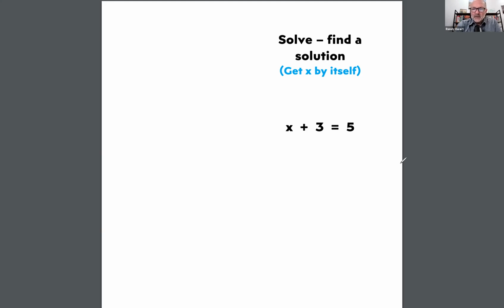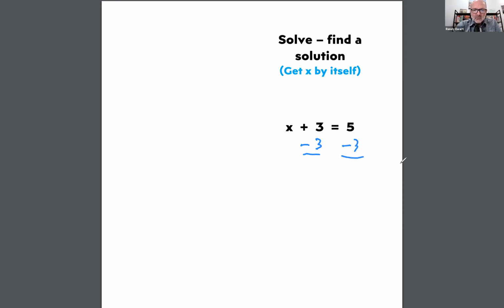And we learned in the inverse operations video that plus and minus are inverse operations. They cancel each other. So the x is by itself, and it's a +3, so I need to do a -3. But to keep the seesaw balanced, I have to do a -3 over here as well.